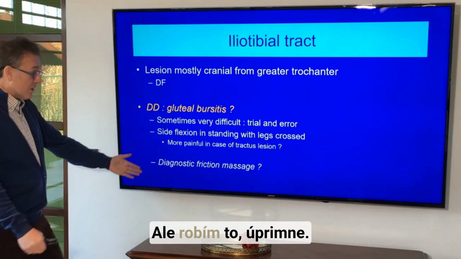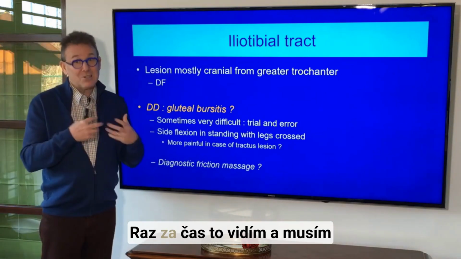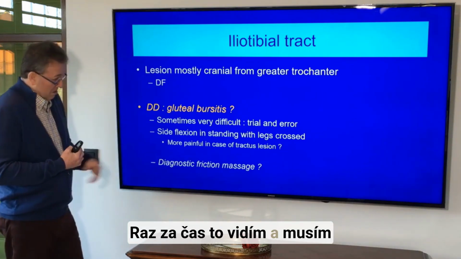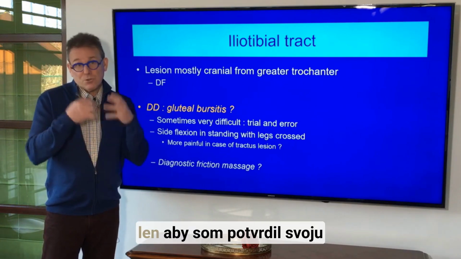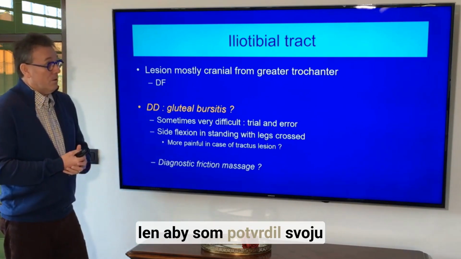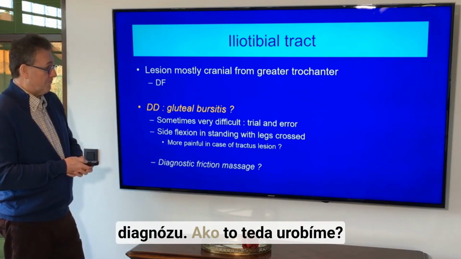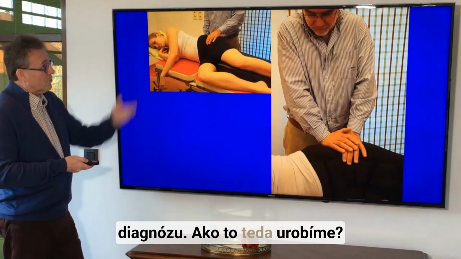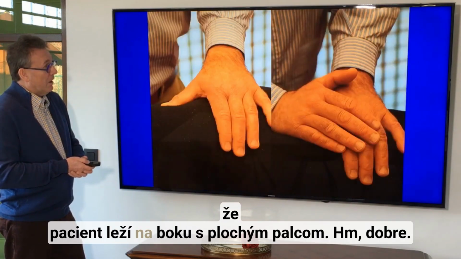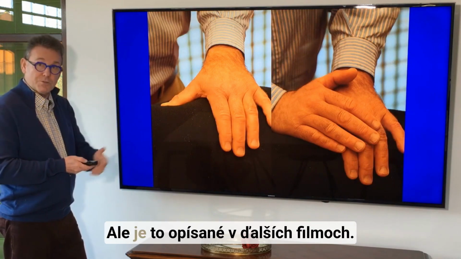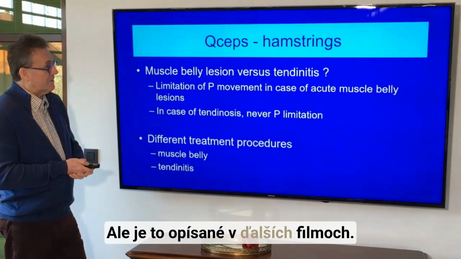But I do that, honestly, I see that once in a while, and I have to do a diagnostic friction massage just to confirm my diagnosis. Yeah? So how do we do that? We do that with the patient inside lying, with a flat thumb. Okay, but it's described in the next films.